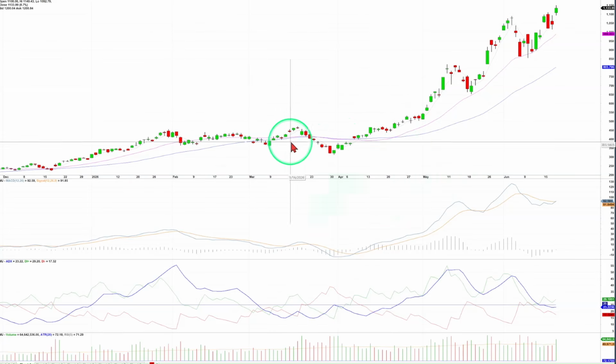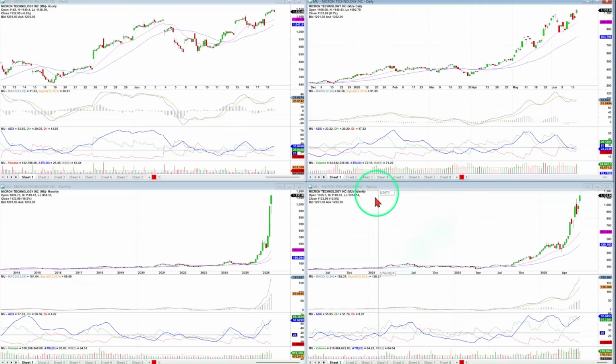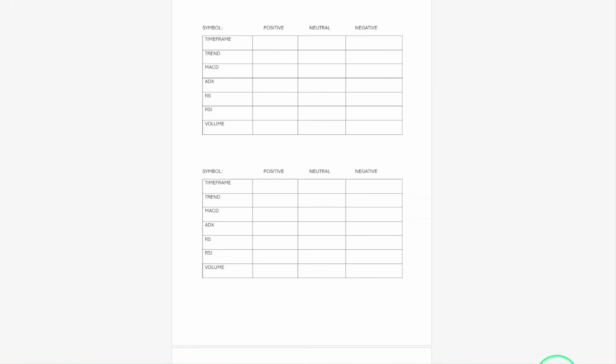So when we have a neutral trend on the lower time frame, and we're still positive on the higher time frame, and we're showing all signs that are still pretty good on the higher time frame, then we actually want to be on the lookout for any sign of improvement on the lower time frame. So these are the types of things that, again, I think using the checklist can be very helpful for.